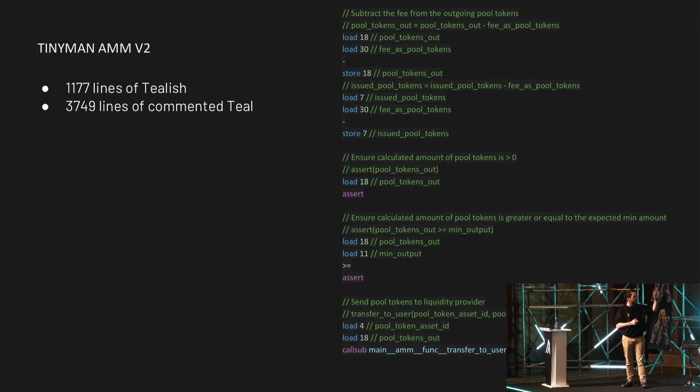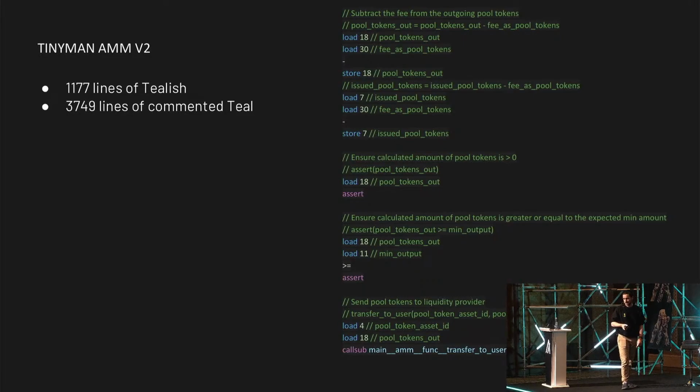So they've read through all 3,700 lines of this TEAL to ensure that it maps to our business logic. So they're not relying on, and we are not relying on the accuracy of our compiler. It's still audited in the exact same way that any Algorand smart contract should be, which is the actual code that gets executed by the AVM.